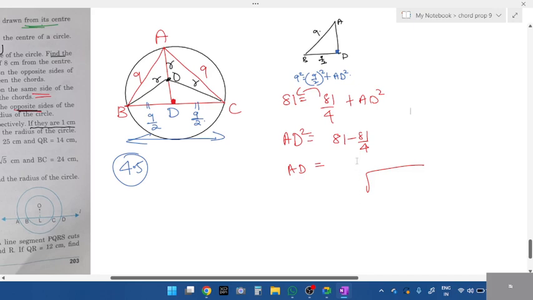All of you are done. What's the answer, students? Still solving.